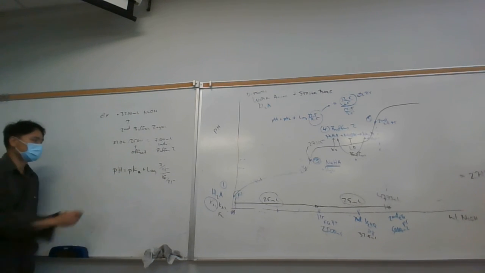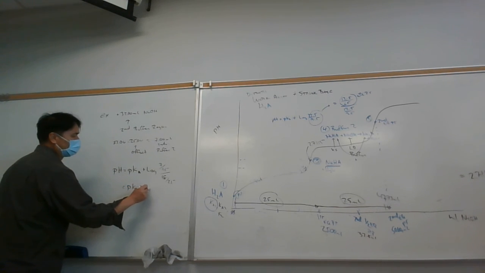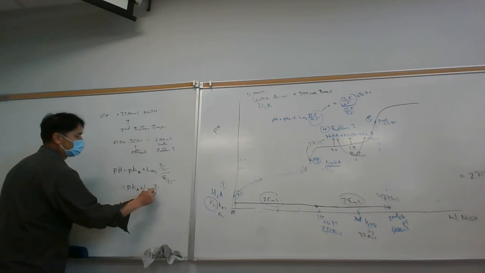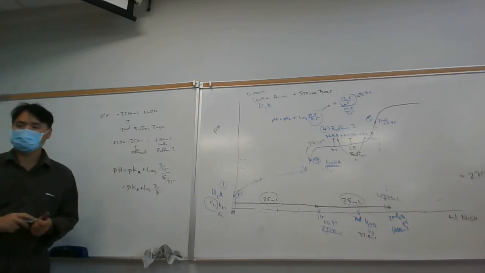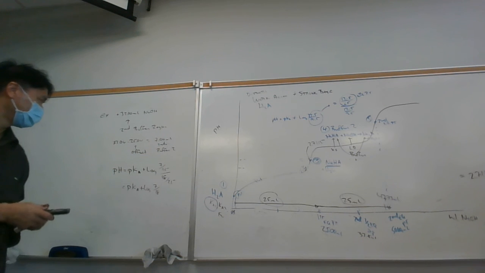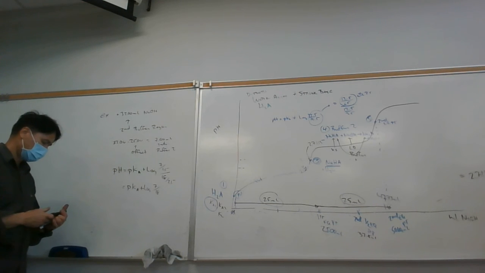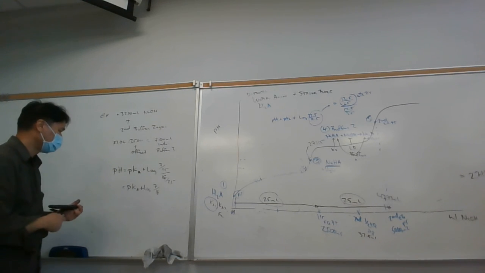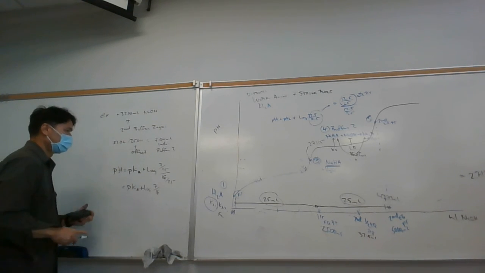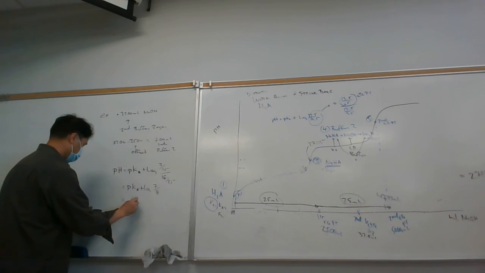And so this is just going to be pH is equal to pKa plus the log of 7/18. 7 parts of base, 18 parts of acid. So log of 7 divided by 18 is negative 0.41. So this is pKa minus 0.41.